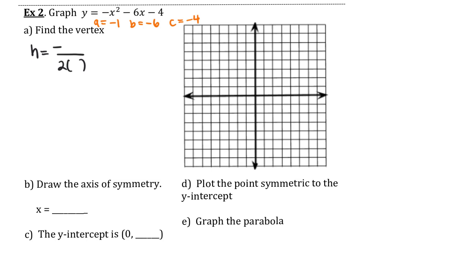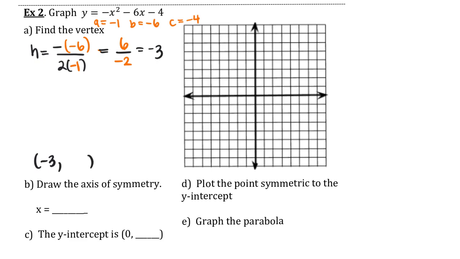Negative B. B is negative 6. So if I do negative negative 6, it's going to turn it to positive 6. If you change it straight to positive 6, that's fine with me. At the bottom is 2 times A. A is negative 1, so negative 2. 6 divided by negative 2 is negative 3. So the vertex is negative 3 comma something.